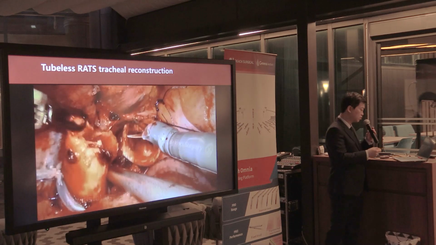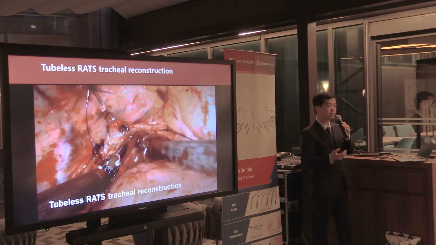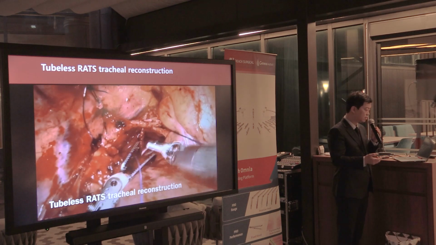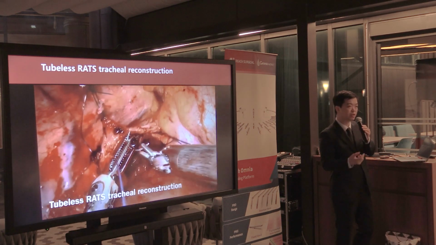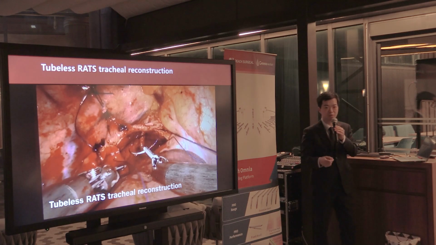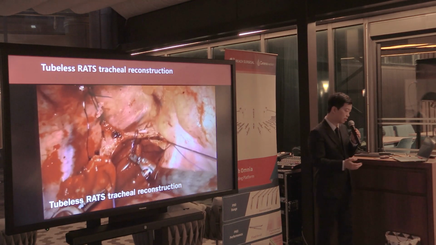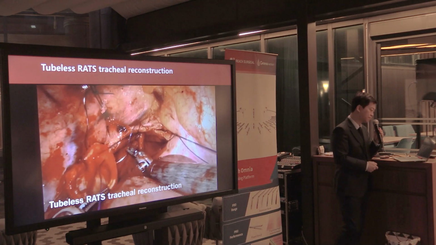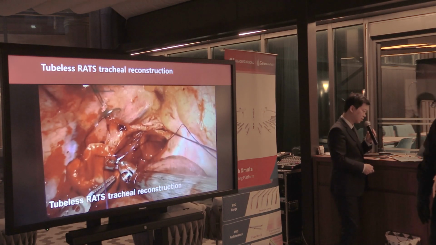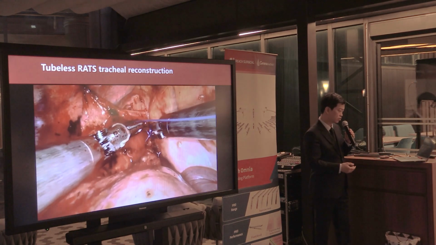We cut the distal and the proximal ends and got a negative margin. During the anastomosis, the patient kept spontaneous breathing, and without intubation we completed the anastomosis smoothly and safely. That means tubeless VATS trachea reconstruction.